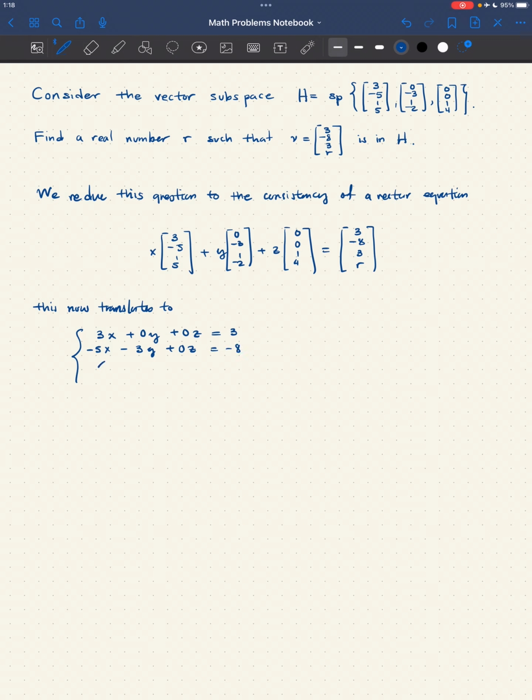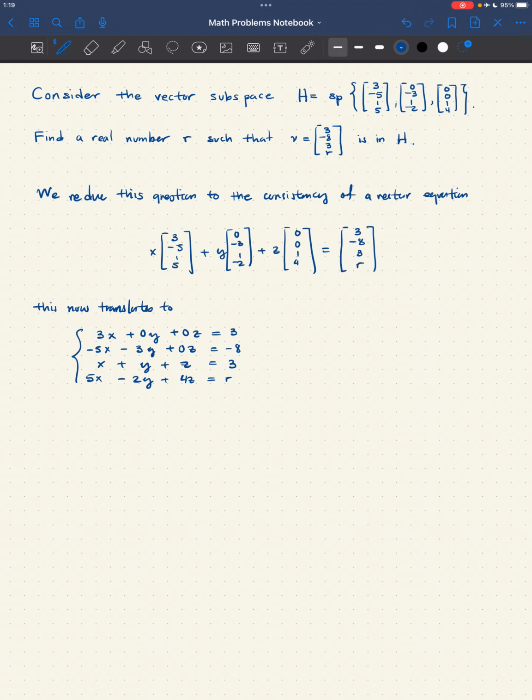Next equation would be x plus y plus z equal to 3. And the last equation would be 5x minus 2y plus 4z equal to r. That's the r that we're looking for.